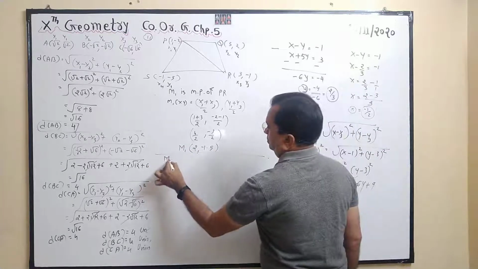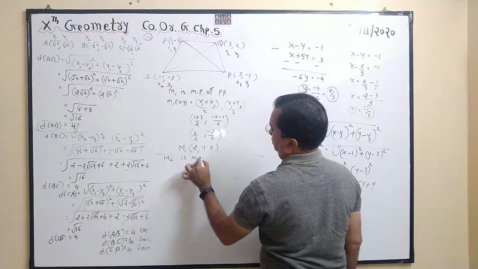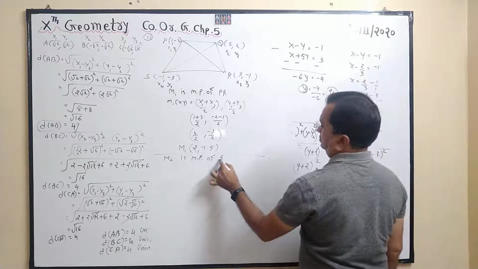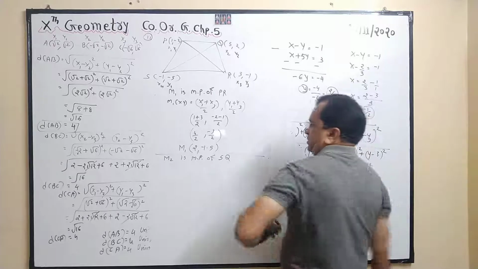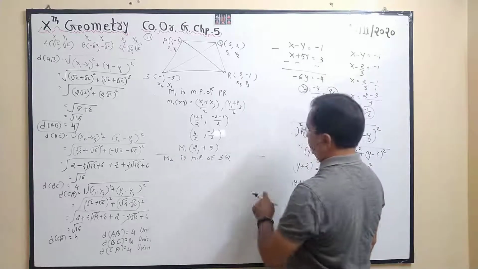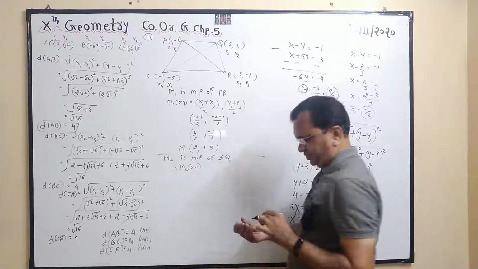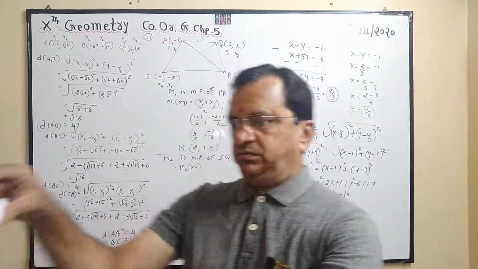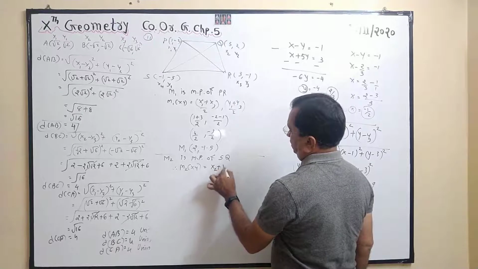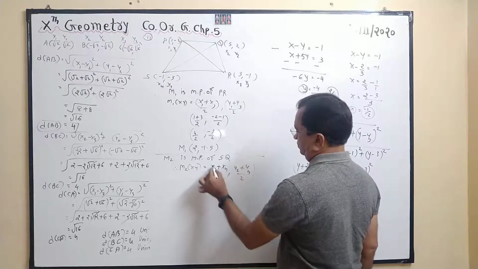Now this M2 is the midpoint of SQ. Therefore, M2 (x, y) is equal to (x2 plus x4) divided by 2, (y2 plus y4) divided by 2.